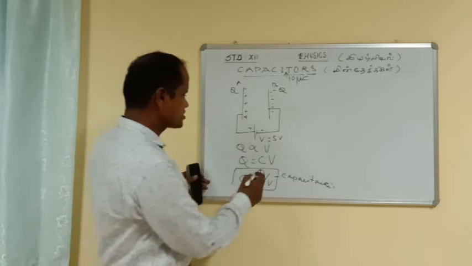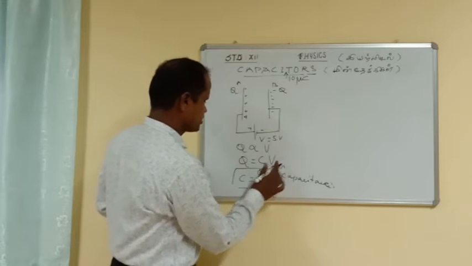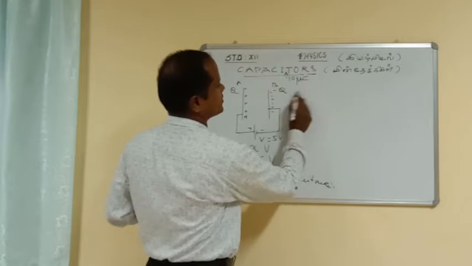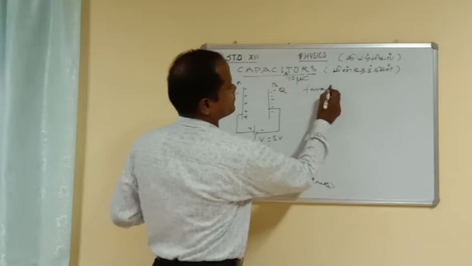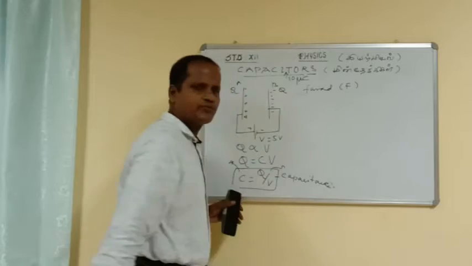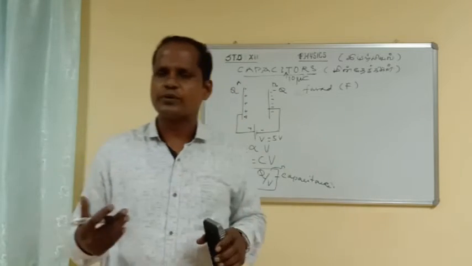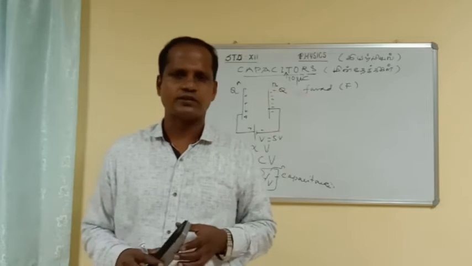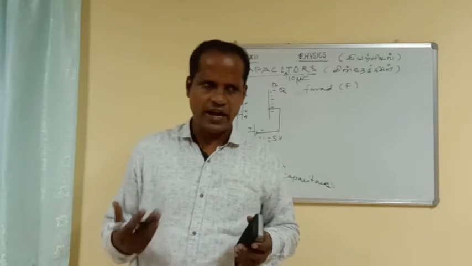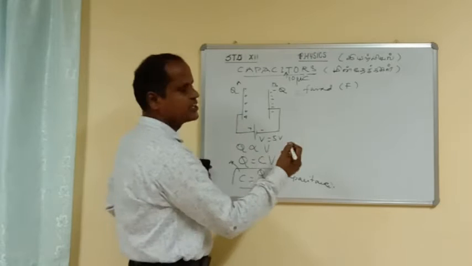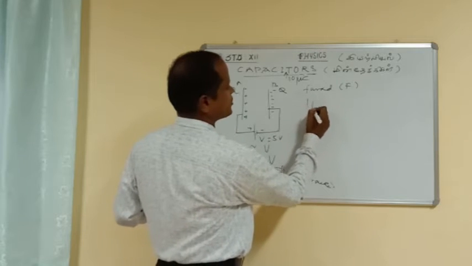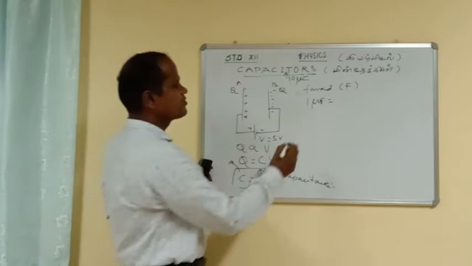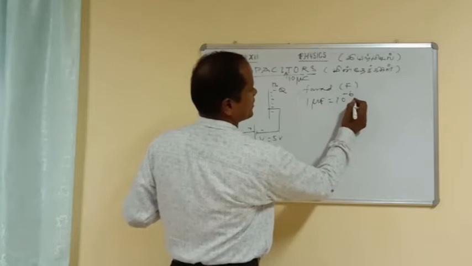So what is its unit? The SI unit is farad. Symbol is capital F. For practical purposes we are using various units. One is called microfarad. The value of 1 microfarad is 10 power minus 6 farad.